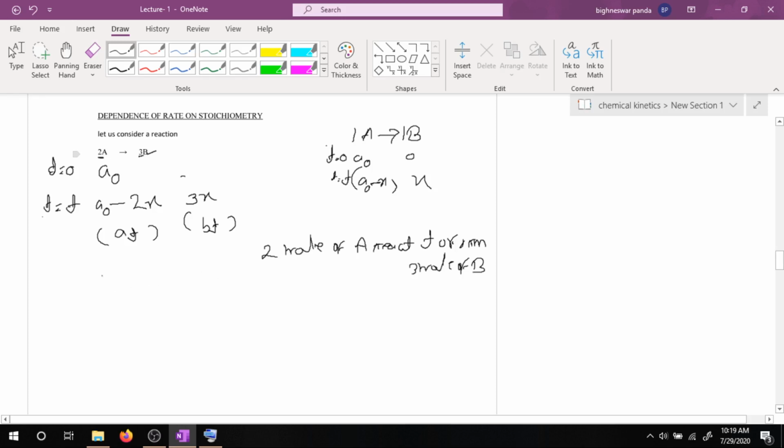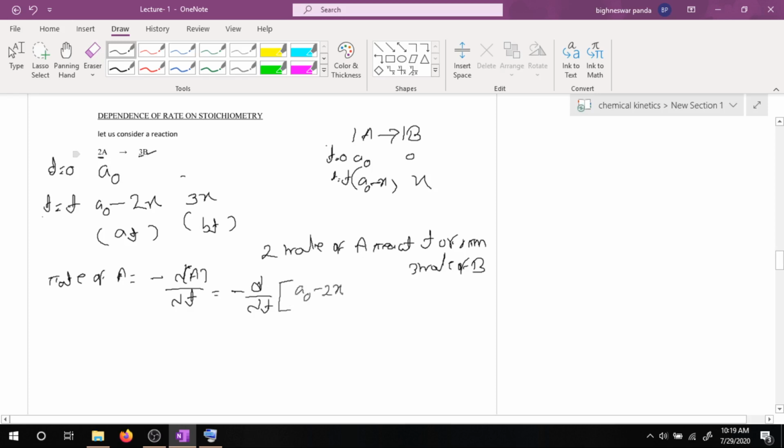So here I can write rate of A is equal to minus dA by dt, which is equal to minus d by dt, that is the change in concentration. What is the final concentration?